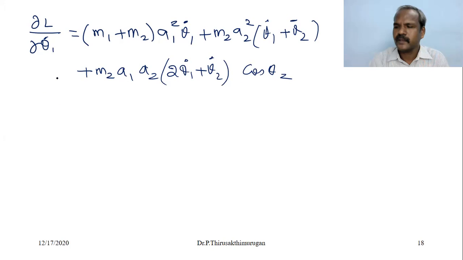Now we have to differentiate this entire equation with respect to t. So we have to differentiate d by dt of dou L by dou theta 1 dot.